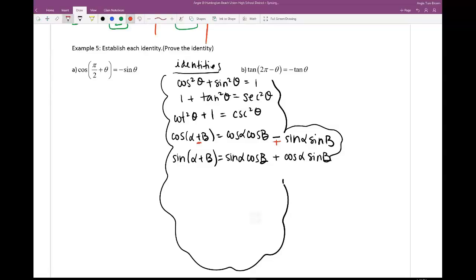Now, what if I want sine of alpha minus beta? Then I'm just going to put the minus in the identity. Then, of course, we have tangent. So tangent of alpha plus beta equals, now tangent is going to be addition on the top if it's a sum of tangent, and then divided by, so let me erase some more.